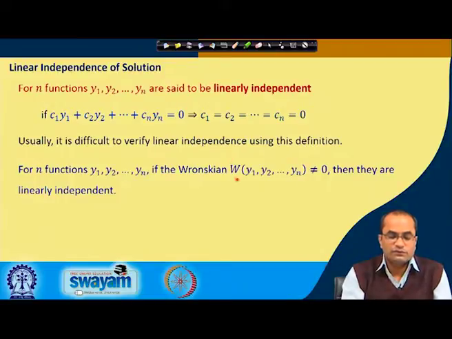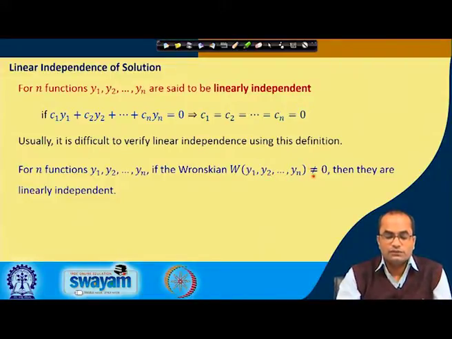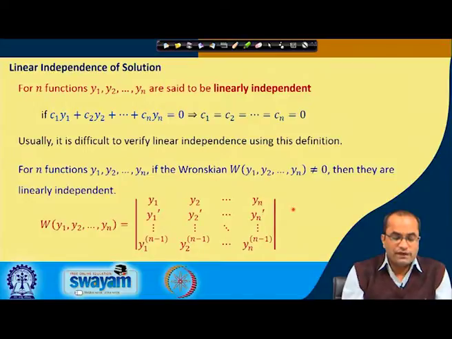This is the notation for the Wronskian. We will define in a minute what the Wronskian is. If the Wronskian of the functions y1, y2, y3, up to yn is non-zero, then they are linearly independent. And what is this Wronskian? This is a determinant which is evaluated in this way.